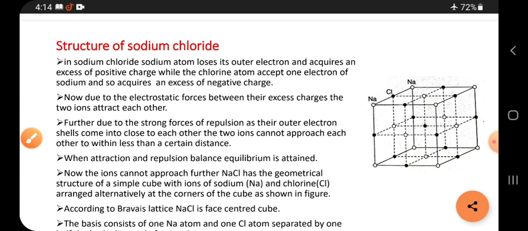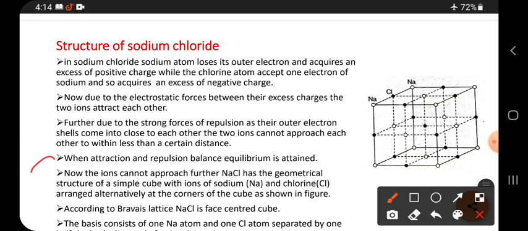Where the repulsion and attraction balance, equilibrium is attained, and the sodium and chlorine ions stay fixed there.